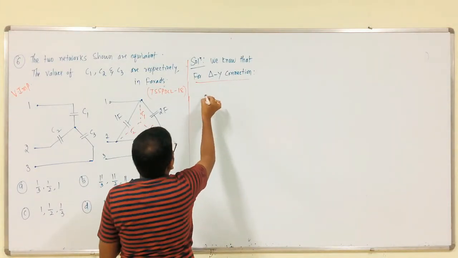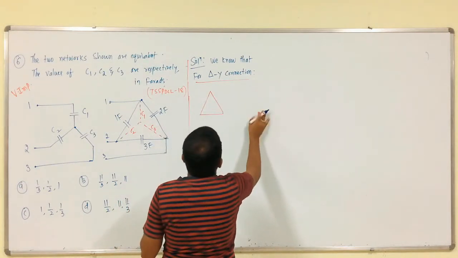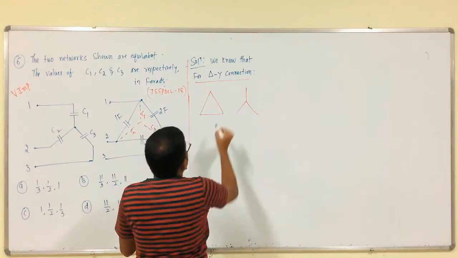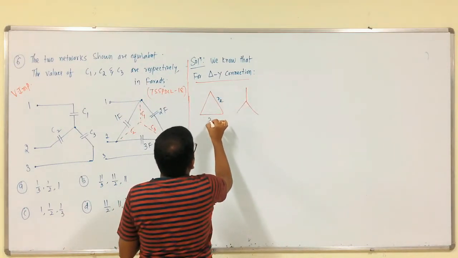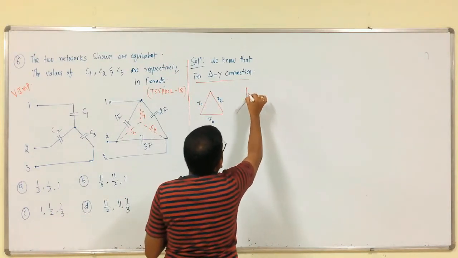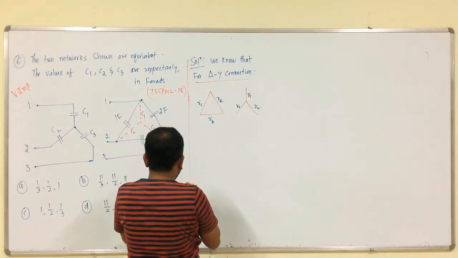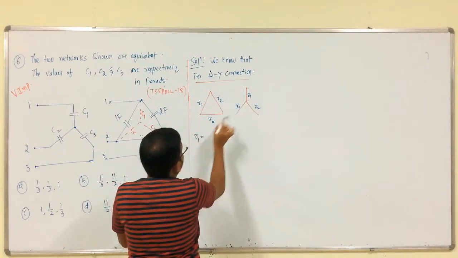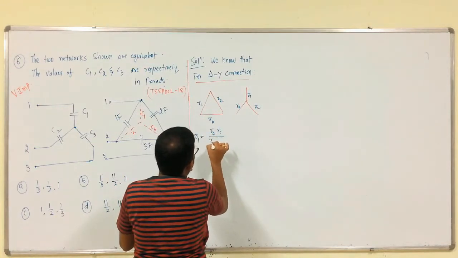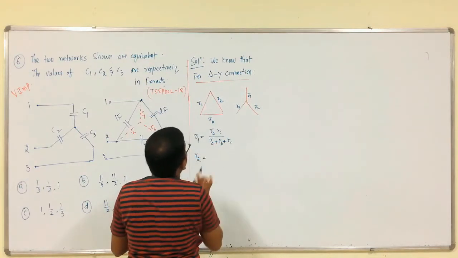what is the value? For example, if we consider delta, we will get star, right. This is RA, this is RB, this is RC. So, from this you will get R1, R2, R3. So, what is R1 from this? R1 which is present between RA RC, no. So, RA RC by RA plus RB plus RC, like that R2 is equals to what?